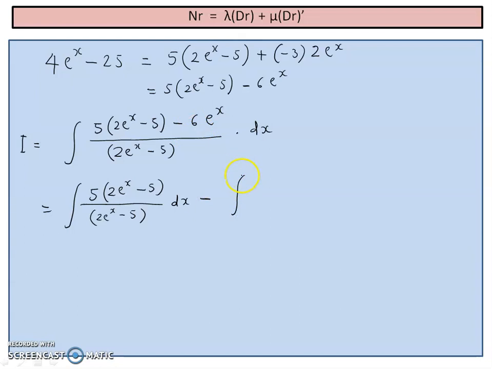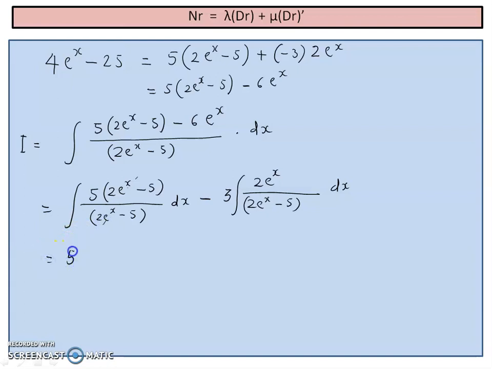This 6 I make 3 into 2. 3 I take outside: 2e^x upon 2e^x − 5 dx. Why did I do it like this? Because now I get here the derivative of the denominator. समझ गए?